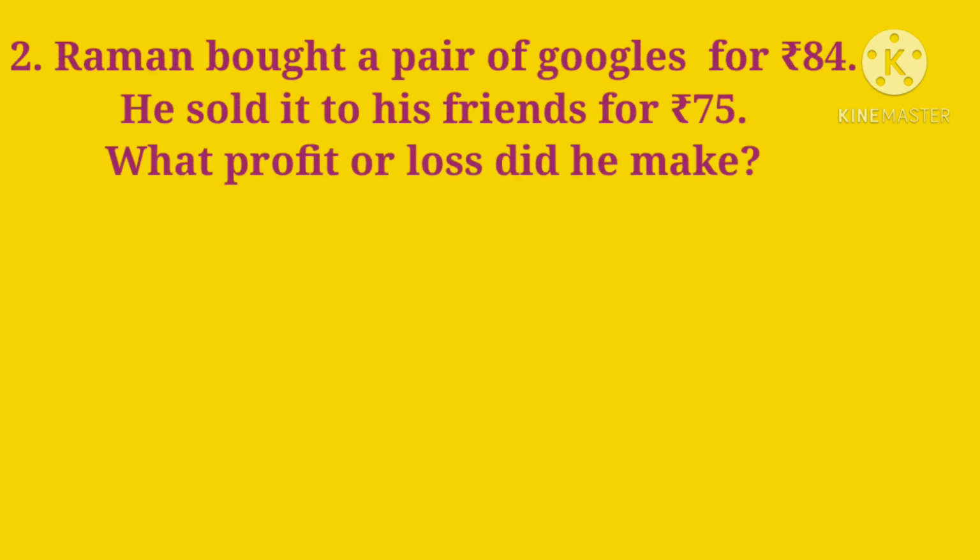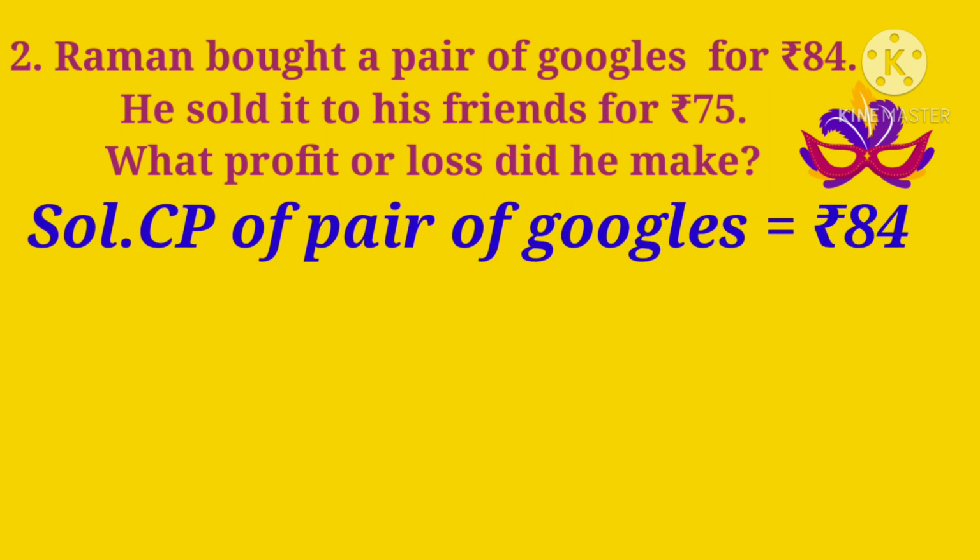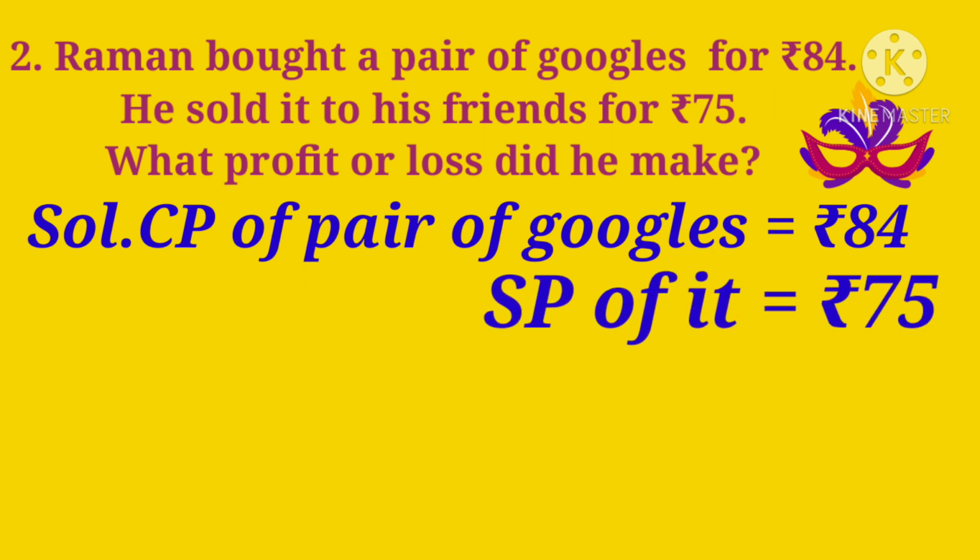Question number 2. Raman bought a pair of goggles for rupees 84. He sold it to his friend for rupees 75. What profit or loss did he make? In the given question, the cost price of the pair of goggles is rupees 84 and the selling price is rupees 75.